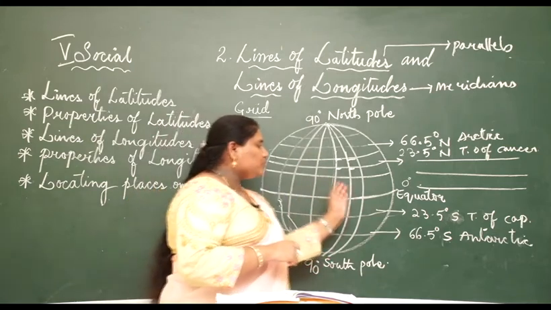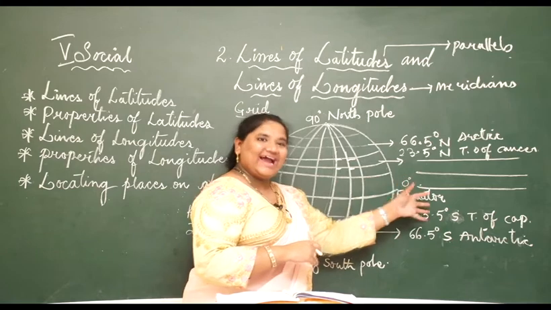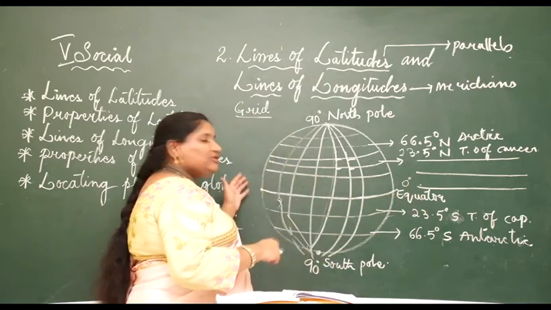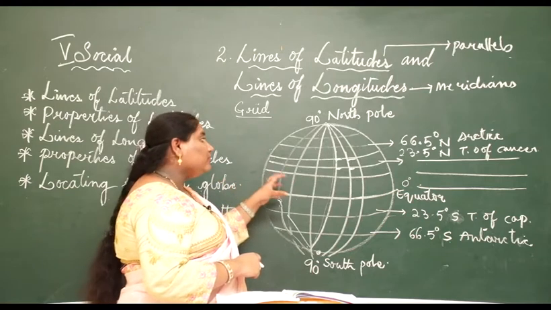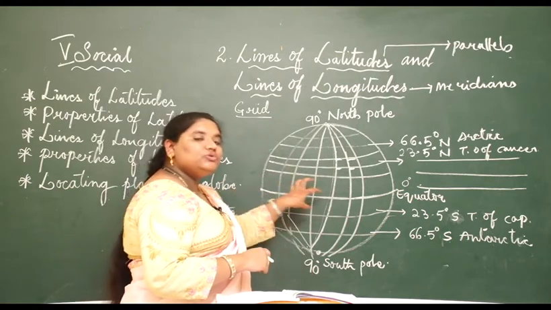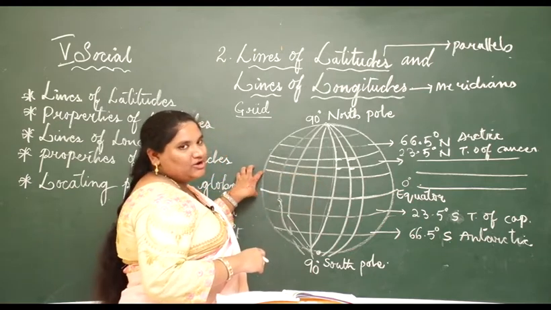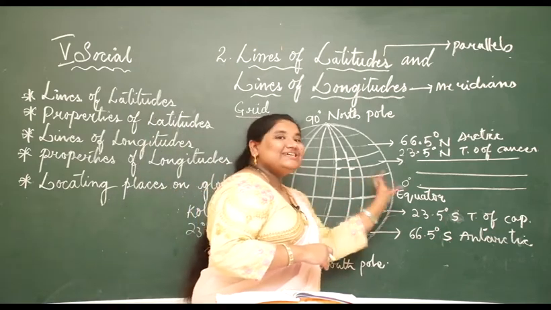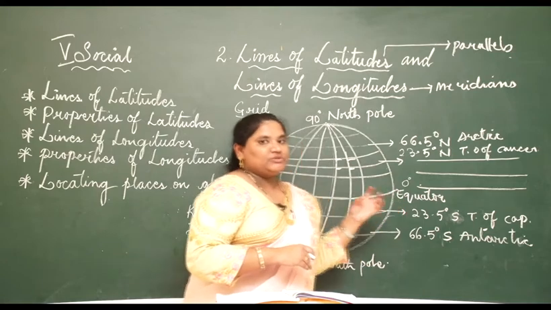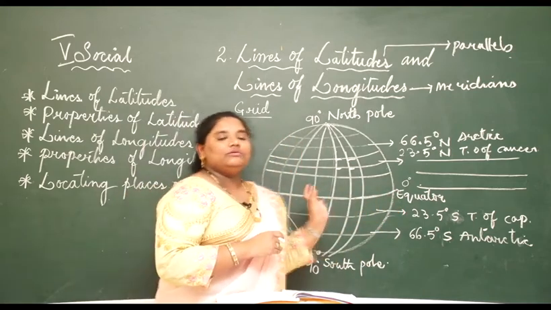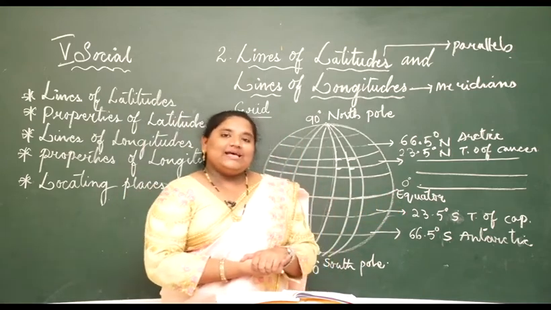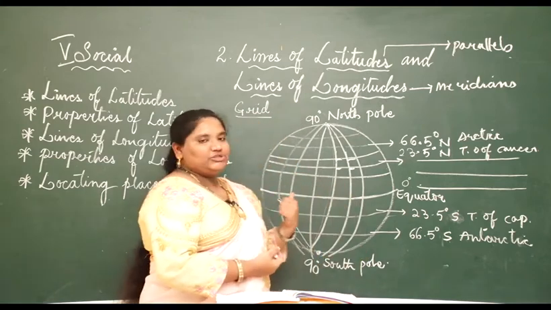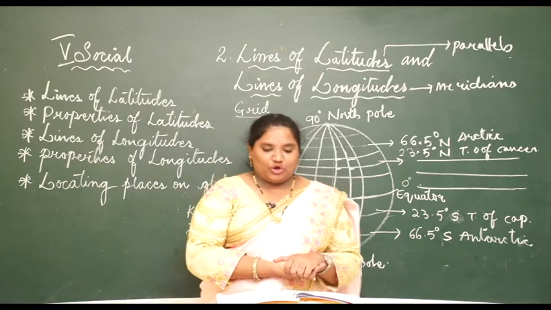When you go towards the east, you add a day or add time, and when you go towards the west of the international date line, you lose a day, the time decreases, or you subtract the time. That is how you can locate places, date and time by using these lines of latitude and lines of longitude.